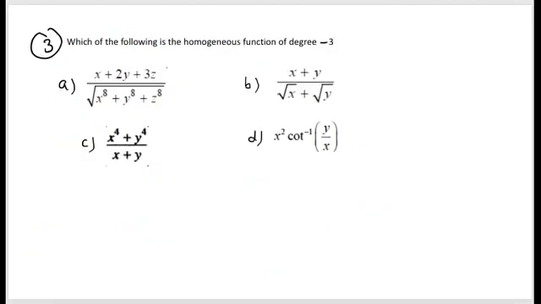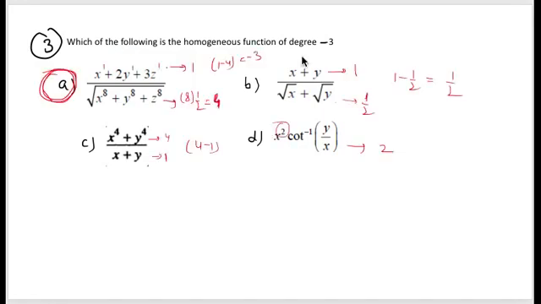Come to question number 3. Here we want to find out which of the following is of degree minus 3. Here we can see all of these are rational functions. Here the degree of the numerator is 1, the denominator is 4. Now I want to share, whenever you see an under root sign and some terms there, if you want to find the quick degree of this denominator, inside is 8 to the whole half.